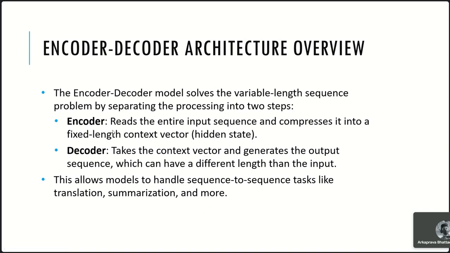Your encoder, what it does is it encodes the plain text, that is, reads the entire input sequence and converts it into a fixed length vector, which is called your context vector.